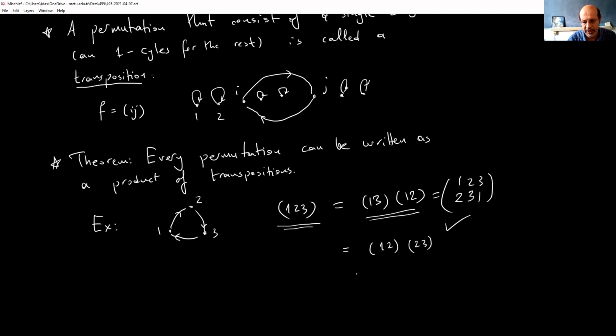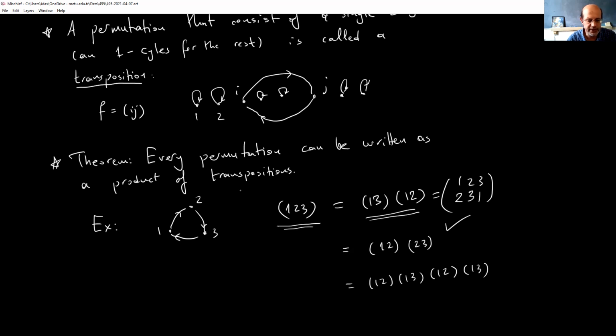Sometimes you can even do things like 1, 2, 1, 3, 1, 2, 1, 3, and write it as a longer sequence of transpositions following one another. But the important thing is that you can express every permutation as a product of transpositions.